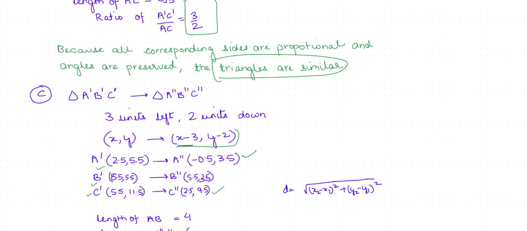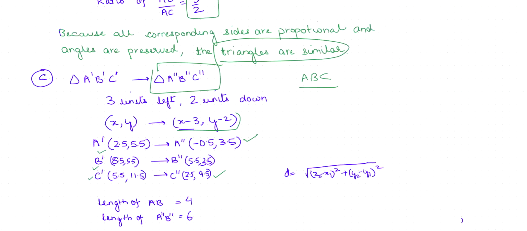Now we have to prove that this triangle we got, A double dash, B double dash, C double dash, is similar to ABC, the original triangle. So we'll compare it with the lengths of the original triangle. We know the lengths of AB and BC. AB is 4 and A double dash B double dash we can get using the coordinates and this formula, which we got as 6.